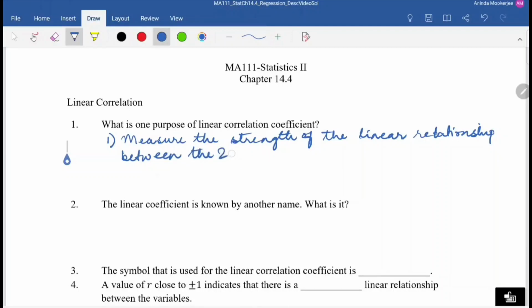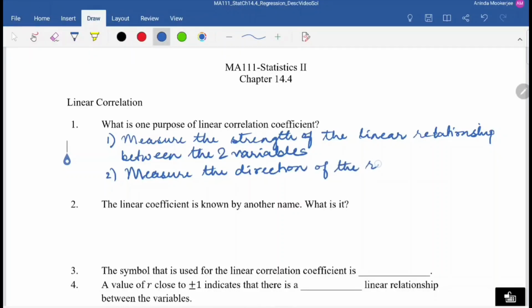And the second one is to measure the direction of the relationship. All right. So let's underline the key words here: strength and direction.